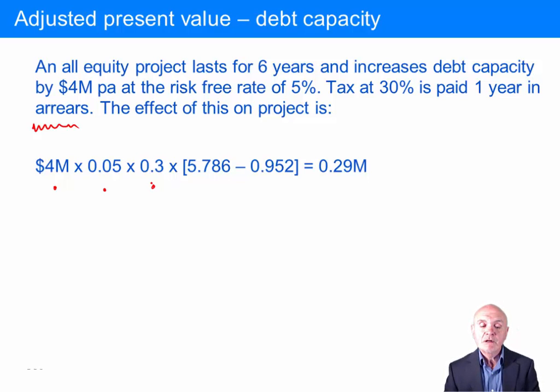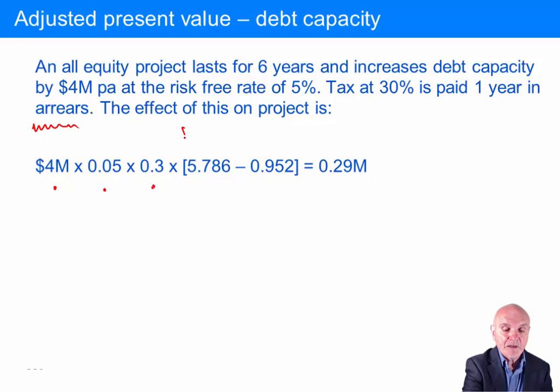And here, what we're going to be doing is asking, when do you actually enjoy that tax saving? It's a project which lasts for 6 years, but the tax is paid 1 year in arrears. So we're going to enjoy the tax if the project is years 1 to 6, and the tax is 1 year in arrears, we're going to enjoy the tax saving in years 2 to 7. So what we've got in here is the 5%, 2 to 7.